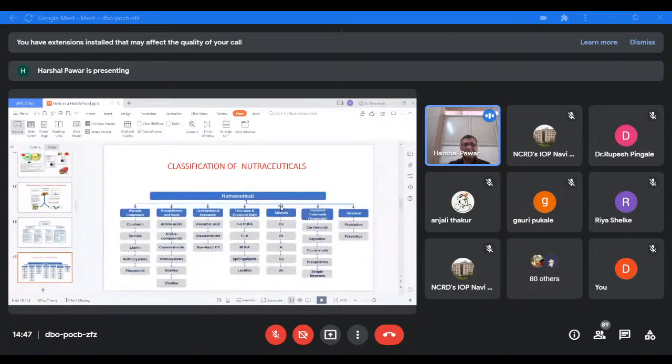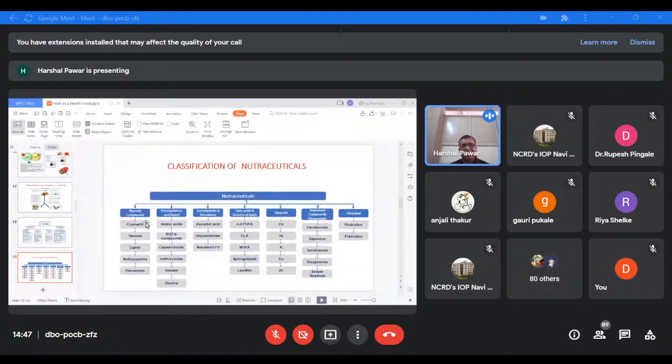These are different ingredients or components used in the preparation of nutraceuticals. The first one is phenolic compounds. You know that all the green vegetables, plant components or parts, even your fruits and green leaves, contain different kinds of phenolic compounds, right?